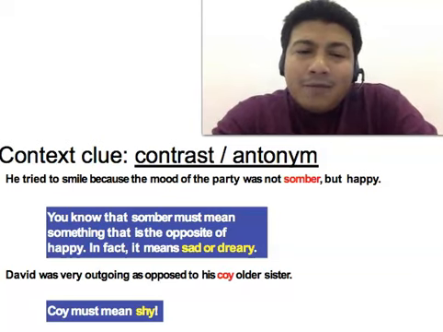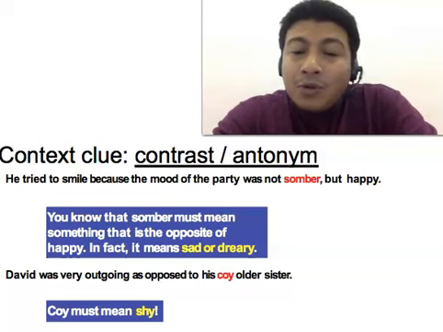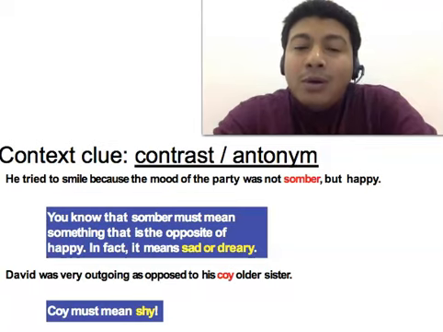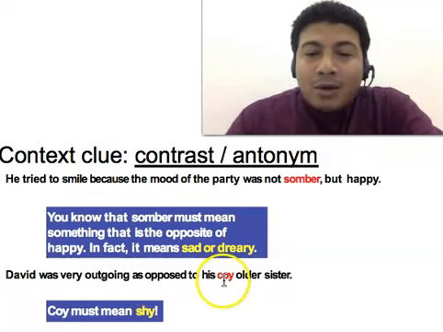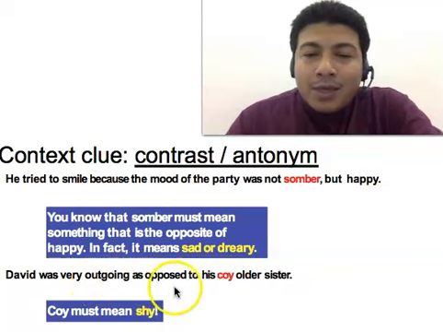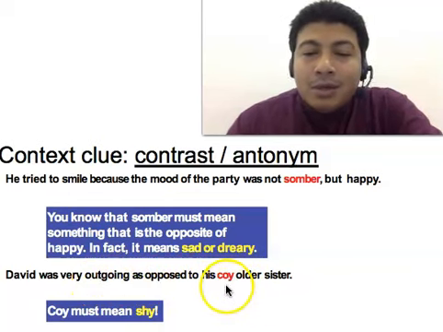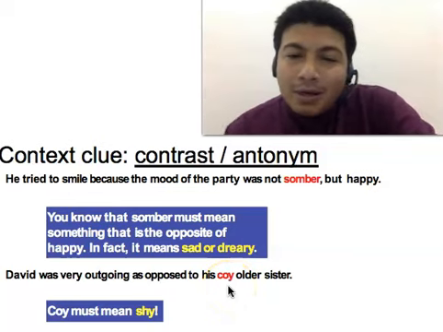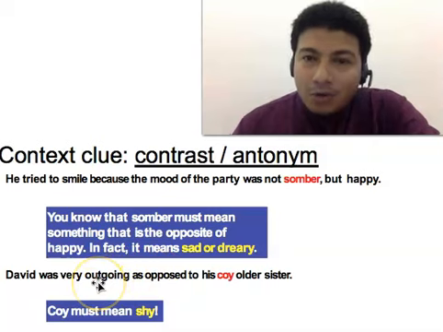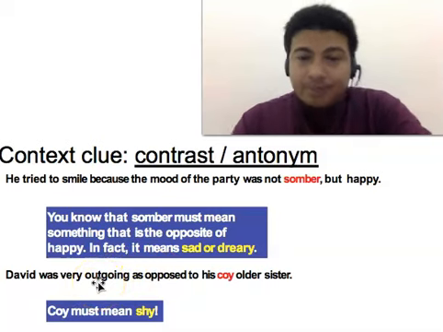Another example is David was very outgoing as opposed to his coy older sister. So outgoing and coy. David was outgoing and his older sister was coy. So what could be the meaning of coy? And the opposite of coy is of course outgoing, if you read carefully.